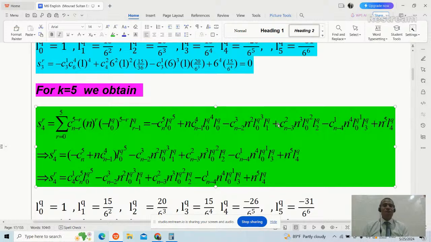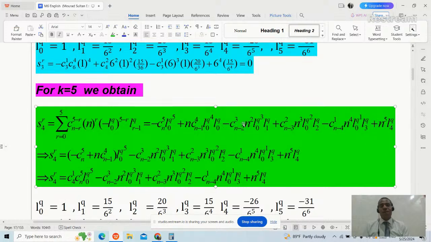plus combination n minus 3 choose 2 n cubed and L0 for the q raised to the power 2 and L2 for the q, minus combination n minus 4 choose 1 and raised to the power 4 and L0 for the q raised to the power 1 and L3 of the q, plus the last term is n raised to the power 5 and L4 of the q.